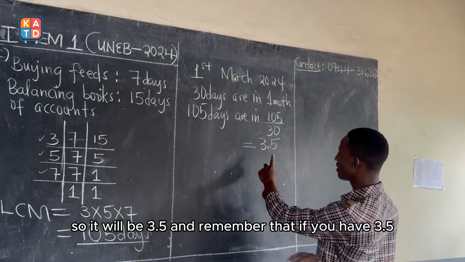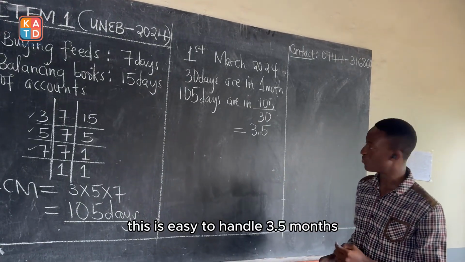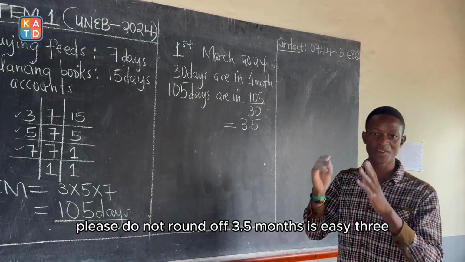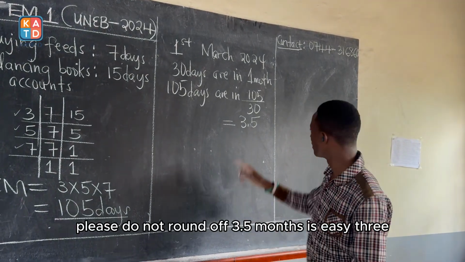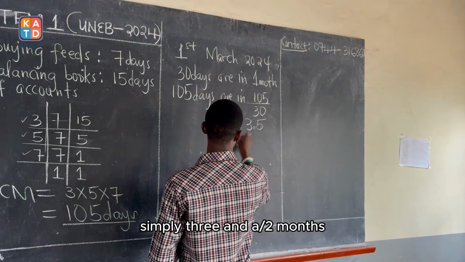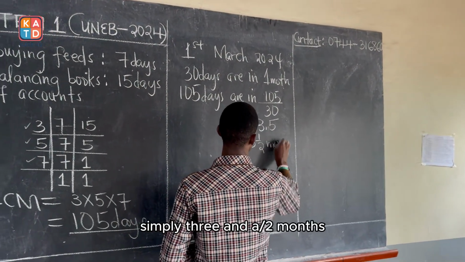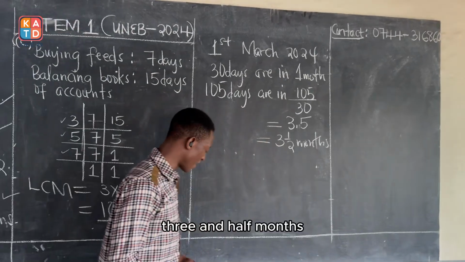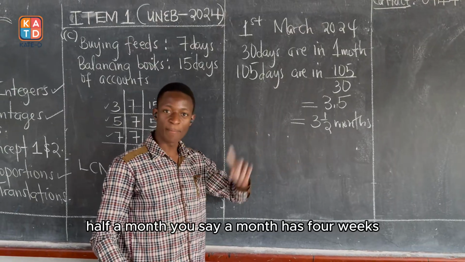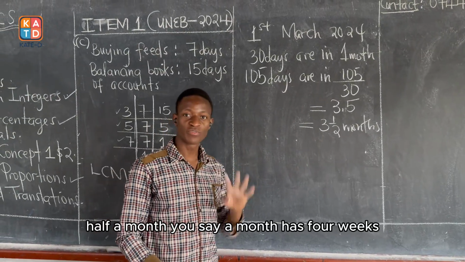And remember that if you have 3.5, this is easy to handle. 3.5 months, please do not round off. It is simply 3.5 months. Of which, these 3.5 months, half a month, we say a month has 4 weeks.